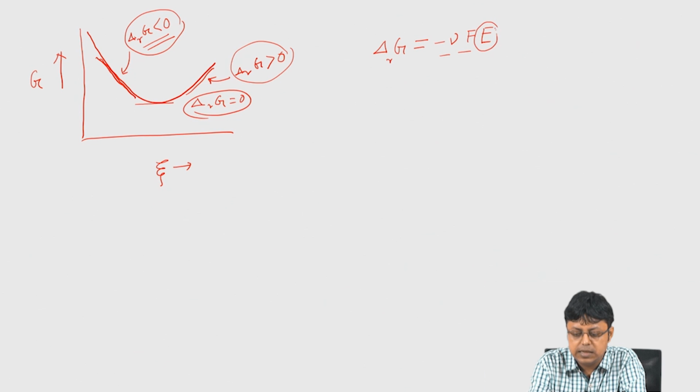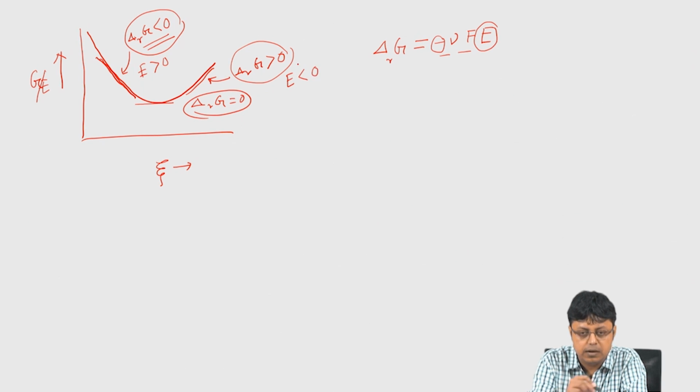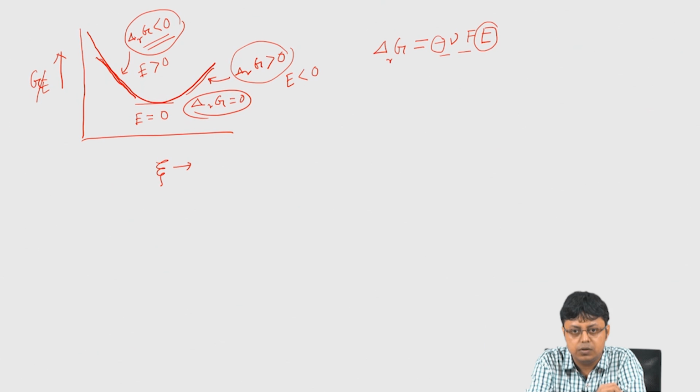Now, we can see that the sign will always get reversed if we plot it in terms of E, because E, which is related to this slope, is positive here and negative there, and that is the meaning of the direction of spontaneity. When equilibrium is attained, E will of course be equal to 0.